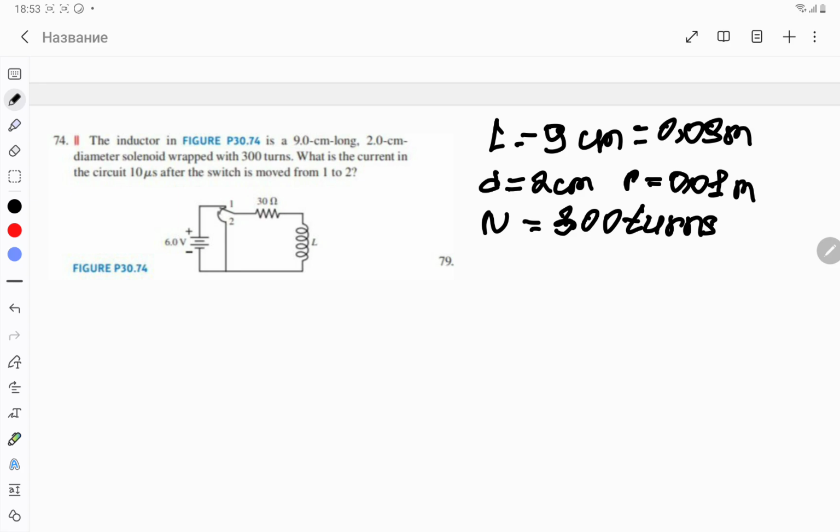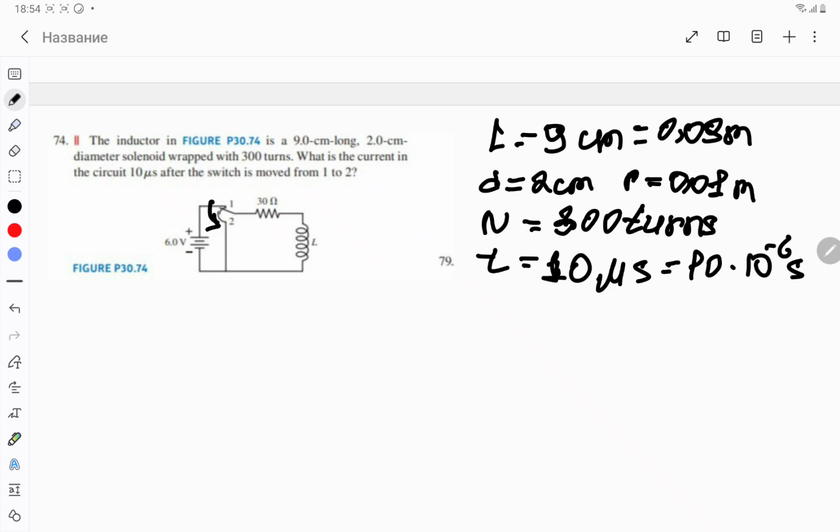So next is: what's the current in the circuit 10 milliseconds after the switch is moved from 1 to 2. Okay, we know the time range is equal to 10 milliseconds, which is 10 times 10 to the minus 3 seconds.